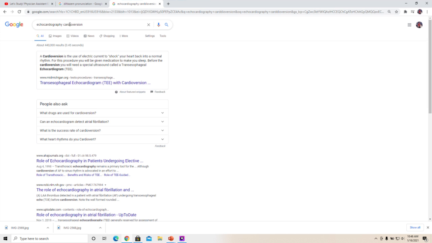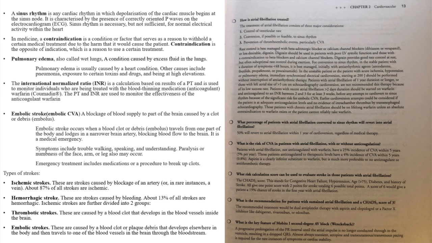Okay, cardioversion is used. Before it, you'll need an echocardiogram. I see.